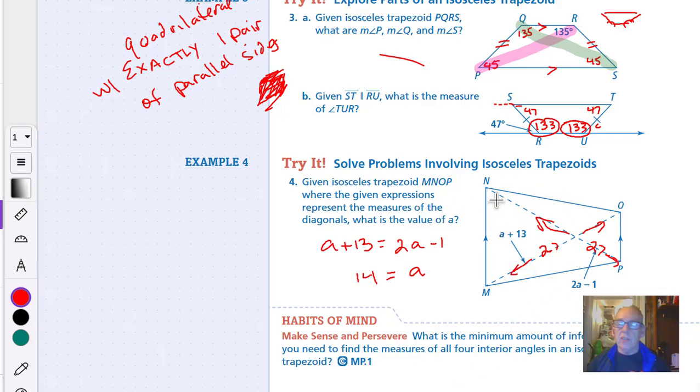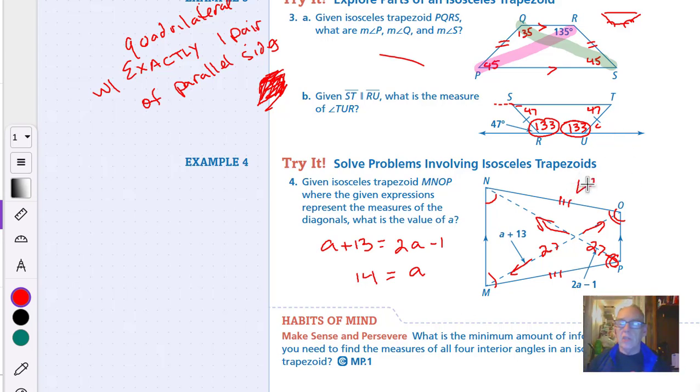So in an isosceles trapezoid, base angles are congruent. The diagonals are congruent to each other. One pair of sides are parallel. That makes it the trapezoid. And then the other pair of sides are congruent. That's what makes it isosceles.